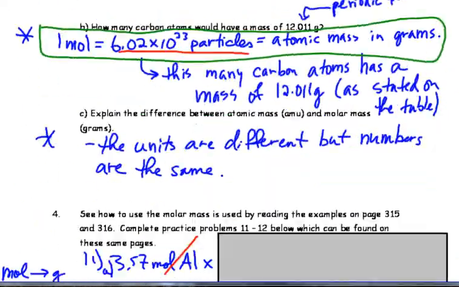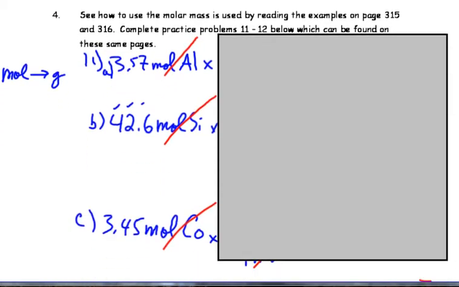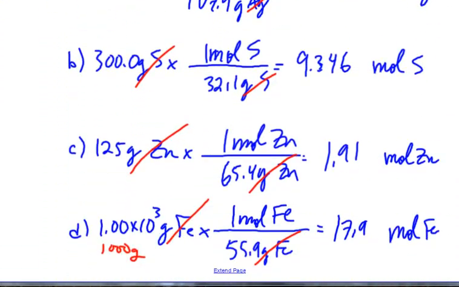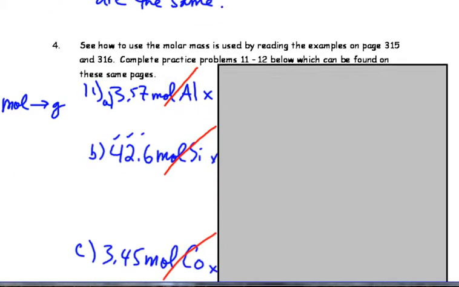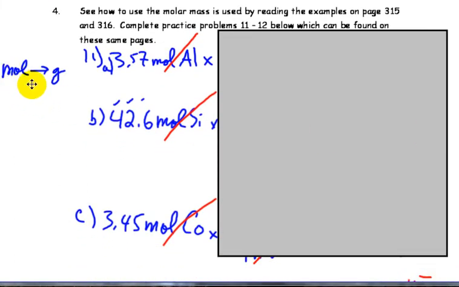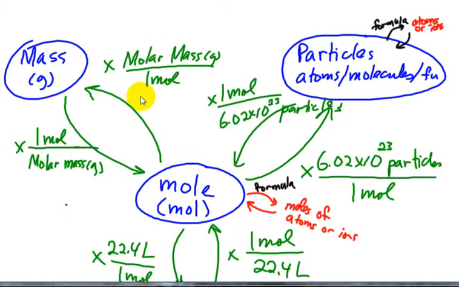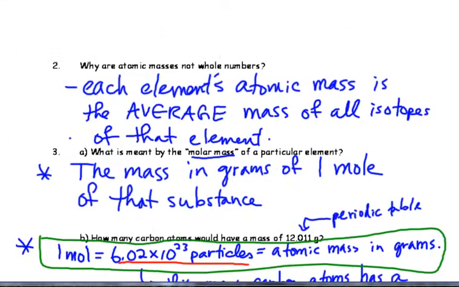So if we look back over here, we're going from moles to grams and then from grams to moles. I just pulled this from page 315 of the textbook, questions 11 to 12. So going from moles to grams, if you look back at the chart, we need to find the molar mass of the substance, and that many grams over 1 mole will be our conversion factor.